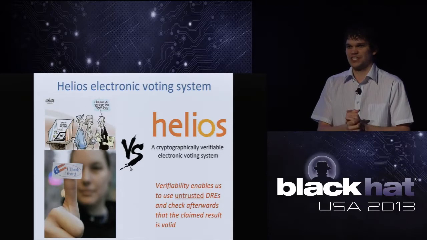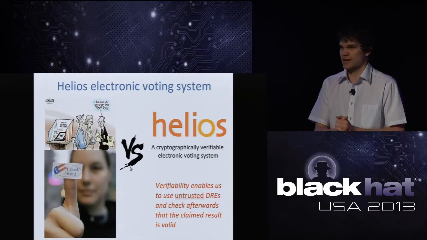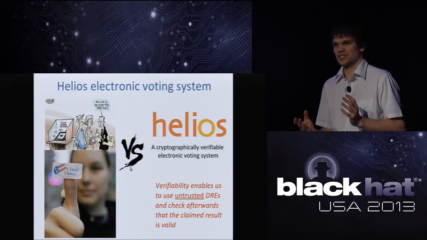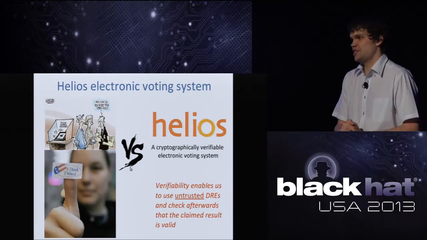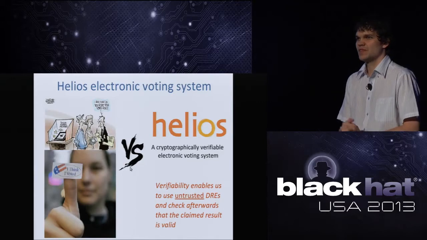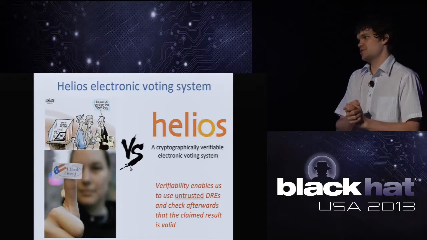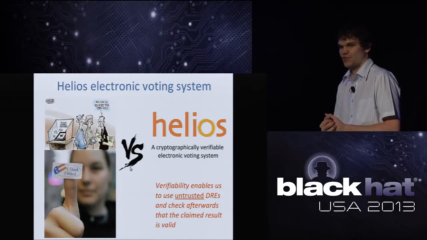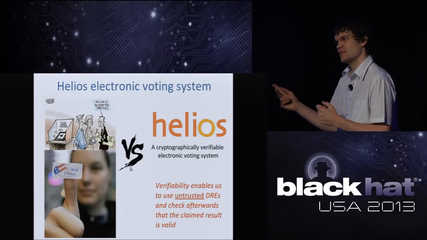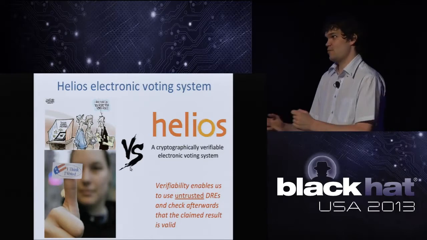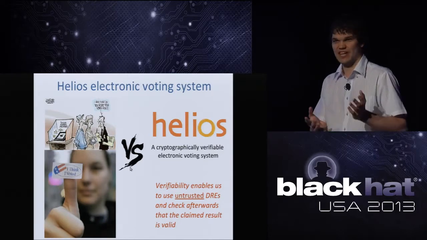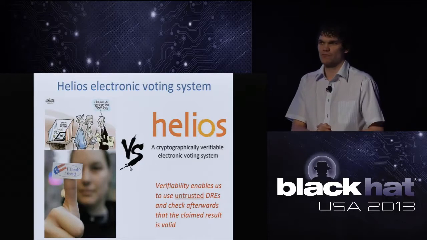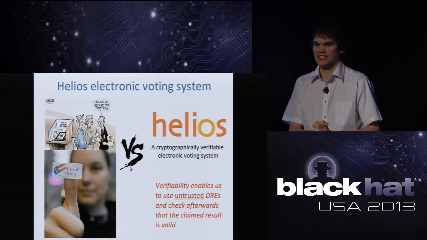The current situation is, at least in North America and also parts of Europe, you walk into a poll station and you interact with a DRE, a voting machine. And you tell the voting machine how you'd like to vote, and you kind of hope it did the right thing. But you really have no idea what it did. It could have made you a pizza, it might not have been plugged in, it might have cast a vote for your candidate, that's the ideal situation, or it may have cast a vote for someone else's candidate.